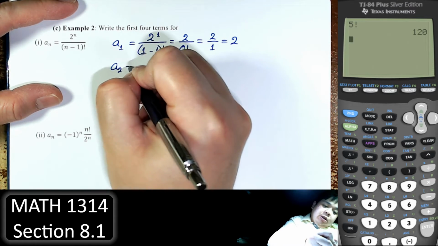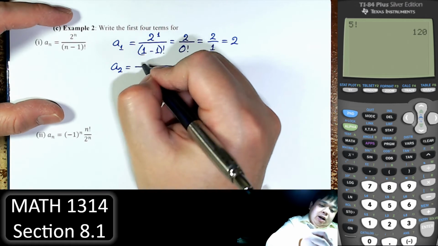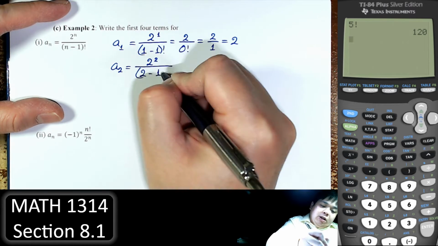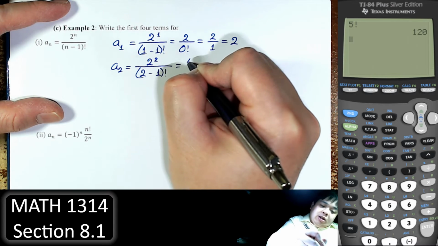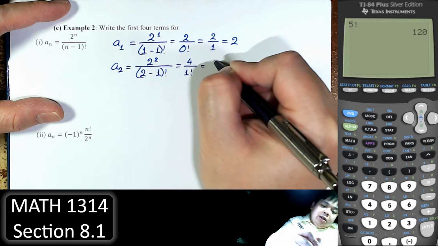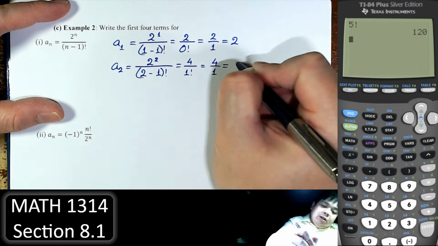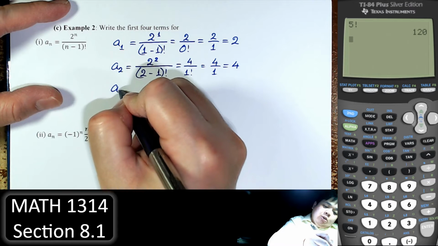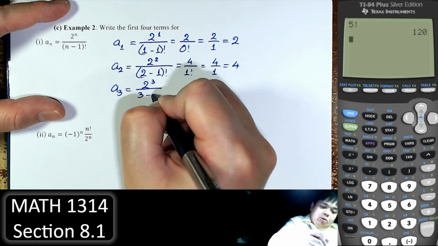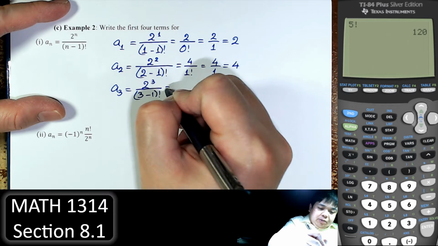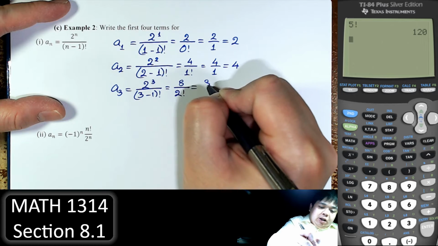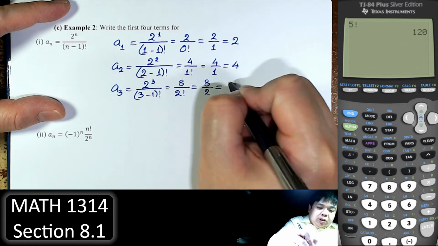A sub 2, put 2 in for n, and 2 minus 1 factorial. So that is 4 over 1 factorial, and 1 factorial is 1. A sub 3, 2 to the third power over 3 minus 1 factorial. So that is 8 over 2 factorial. 2 factorial is 2, so it's 4.